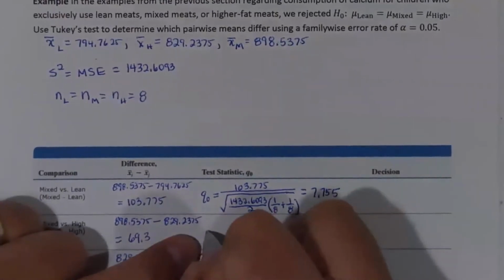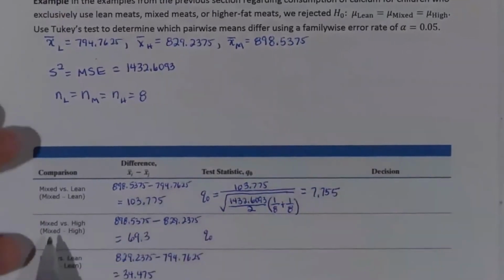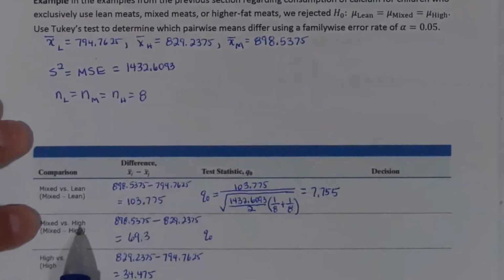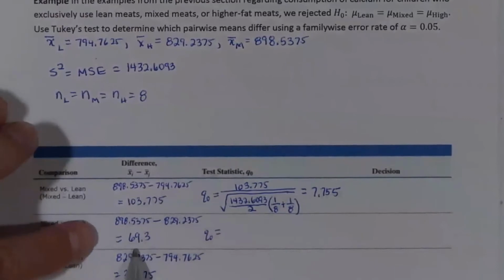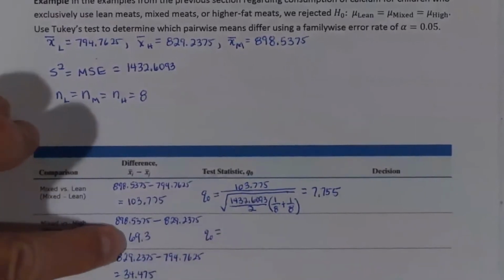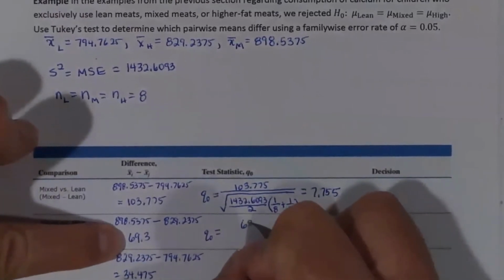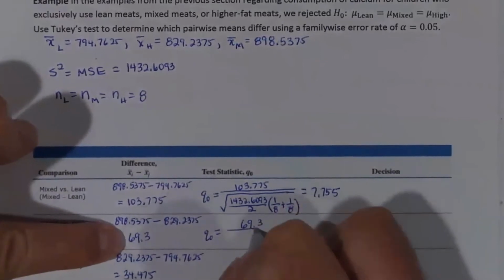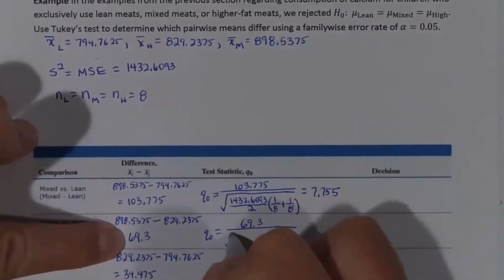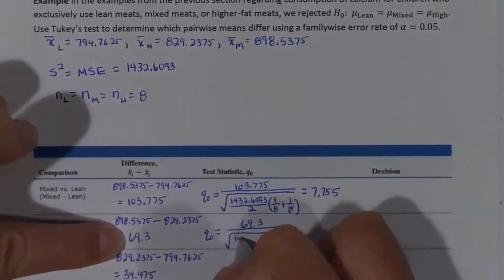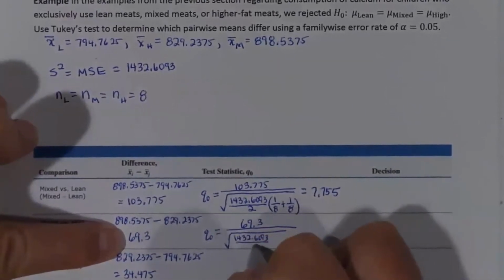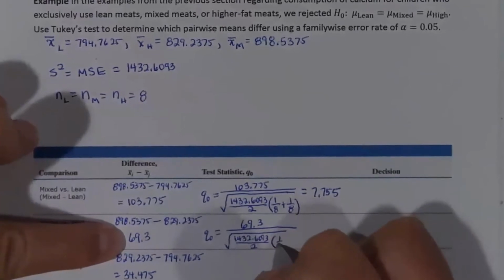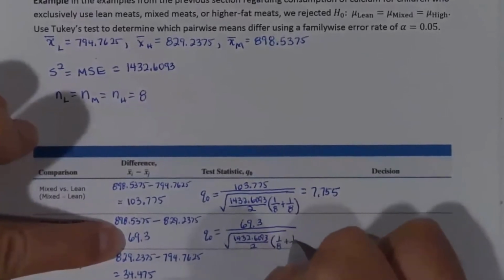So for the second pair, comparing mixed meats to high-fat meats, this is all the same except the number on top is 69.3. So 69.3 divided by the square root of 1,432.6093 divided by 2 times 1/8 plus 1/8.